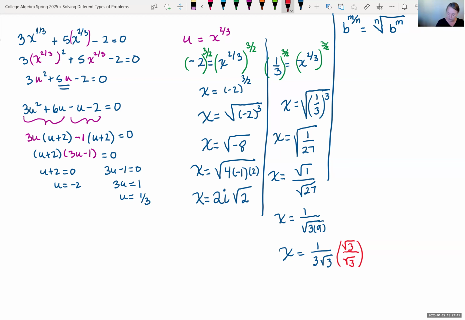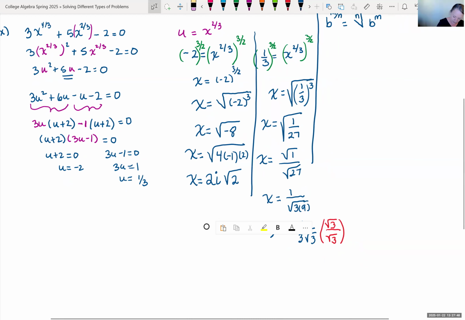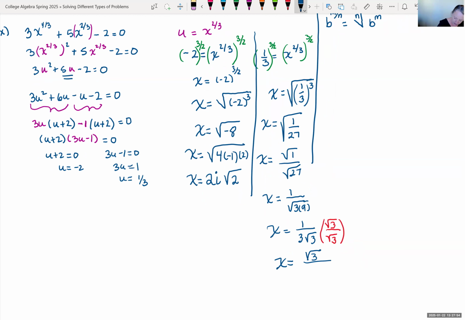So square root of 3 over square root of 3. So looking at that, simplifying, we would get x is equal to square root of 3, because 1 times square root of 3 is square root of 3, all over 3. Square root of 3 times square root of 3 is square root of 9, which is 3. So we get here that x is equal to √3 all divided by 9.